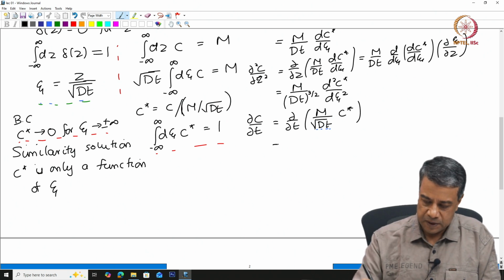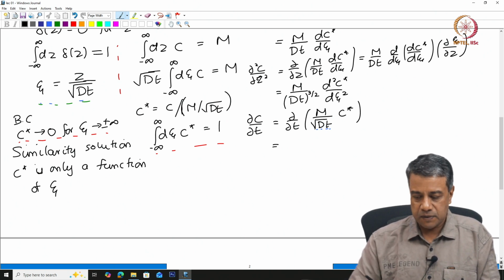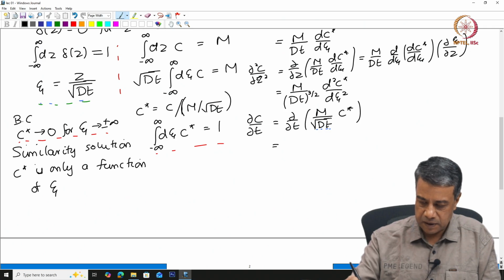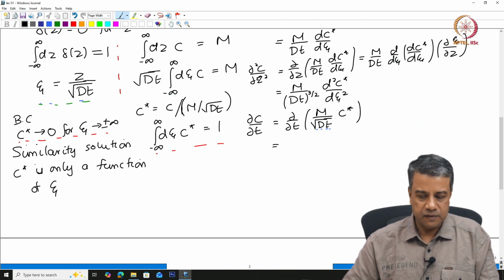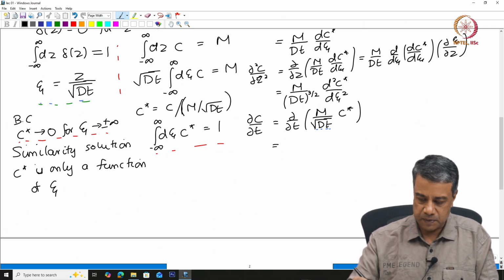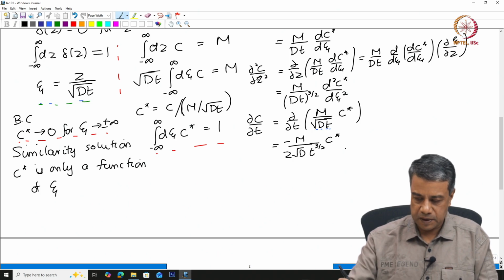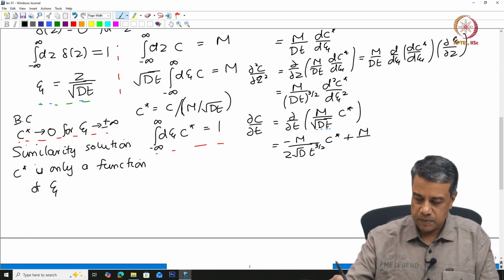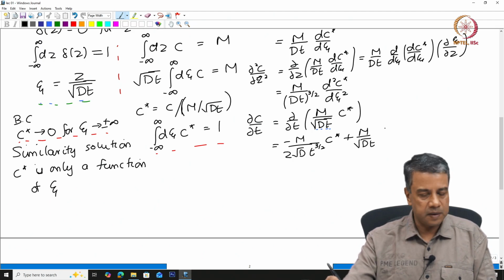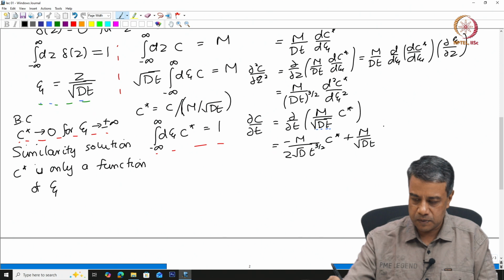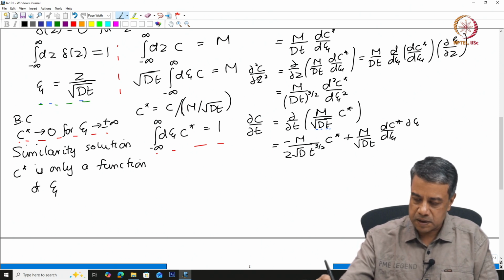The derivative of the first term, 1 over square root of Dt, t to the power minus half, is minus half times t to the power minus 3 by 2. So, minus m by 2 root D t to the power 3 by 2 times c star, plus m by root Dt times partial c star by partial t, which is going to be equal to d c star by d psi times partial psi by partial t.